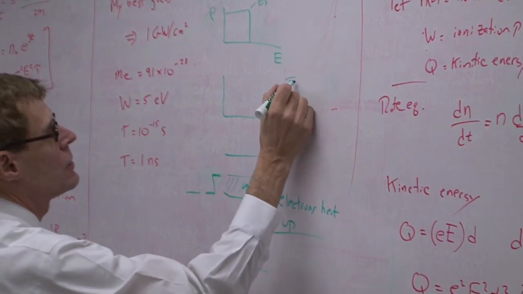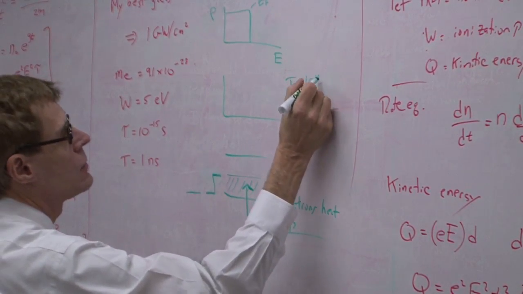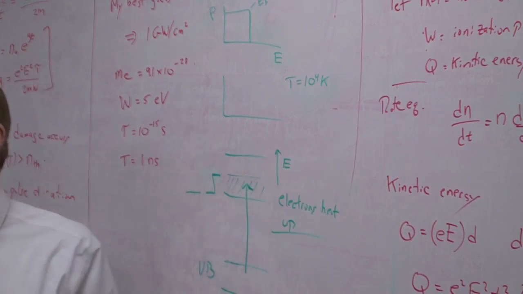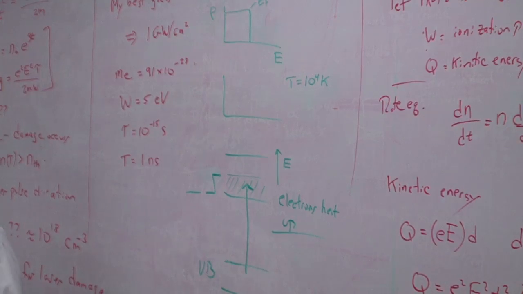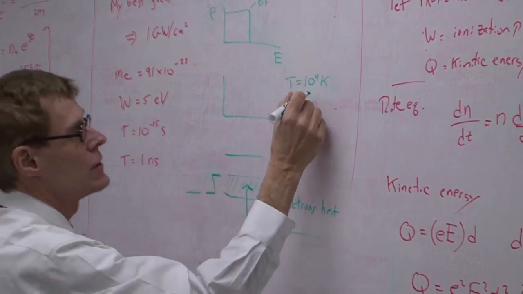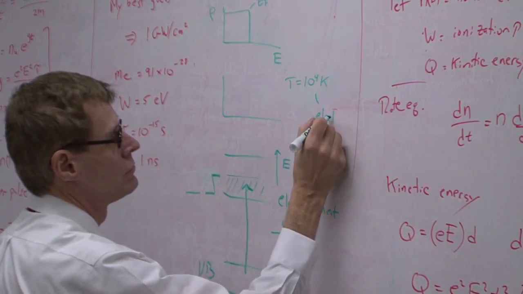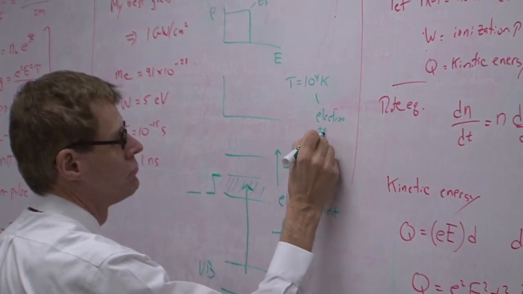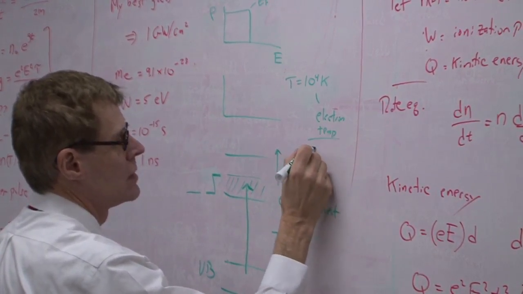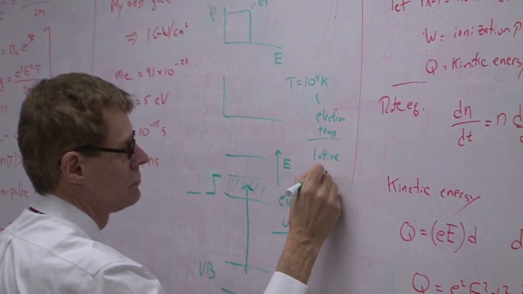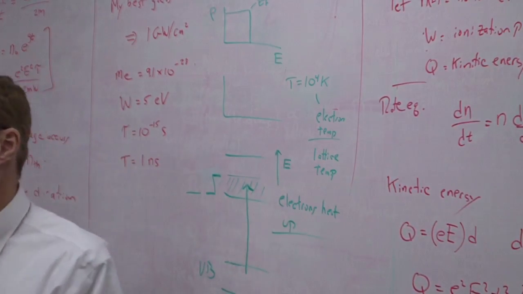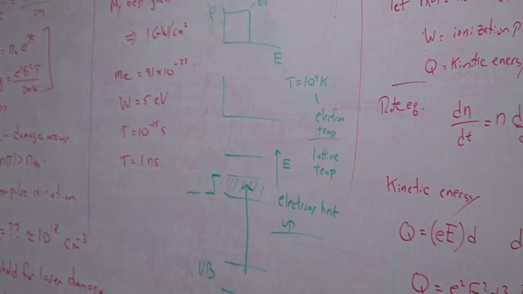But now T equals 10 to the 4th Kelvin. Don't trust the 10 to the 4th. You look it up. But this is the electron temperature, not the lattice temperature.